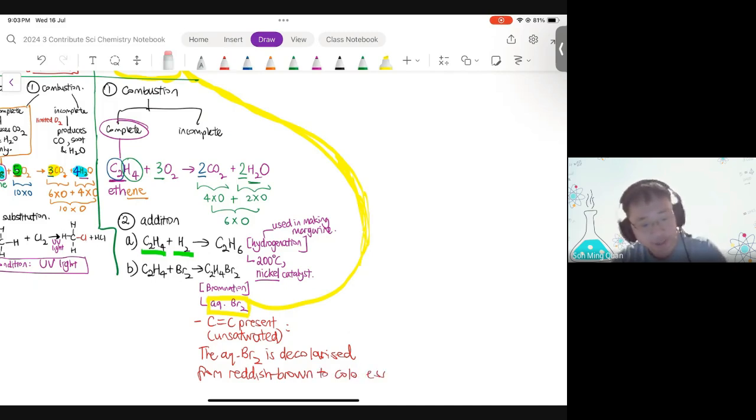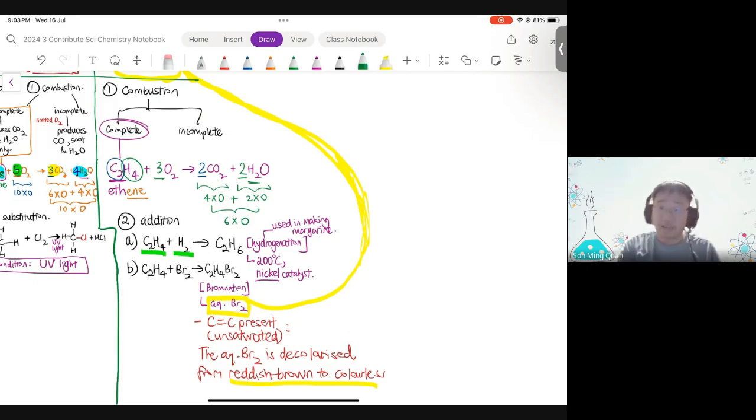Okay, just let me spell it correctly. Colourless, so colorless. So it's very important to learn the color change. Aqueous bromine is decolorized from reddish brown to colorless if it's unsaturated and it has a carbon-carbon double bond present. All right.